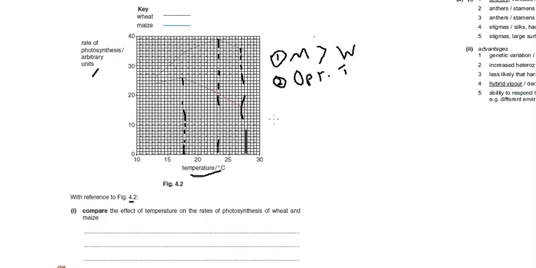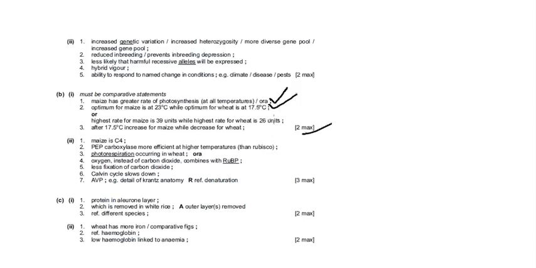So that's the point I had in my mind. Maize is a C4 plant, PEP carboxylase is more efficient at high temperature than rubisco. So for the respiration occurring in wheat, oxygen instead of carbon dioxide combines with RuBP, which lacks fixation of carbon dioxide, and the Calvin cycle slows down.